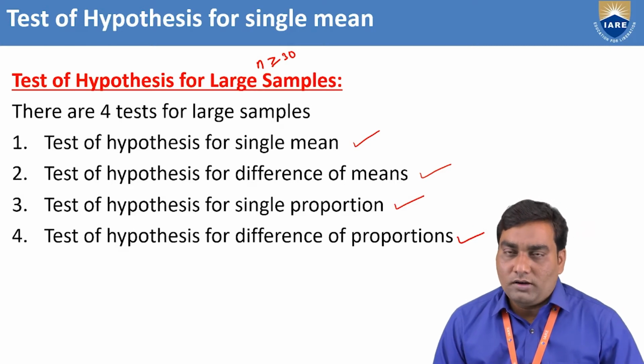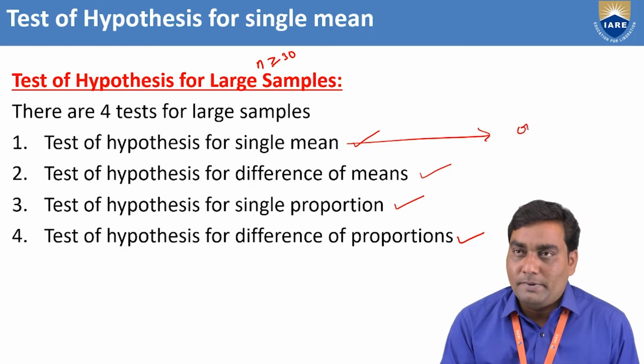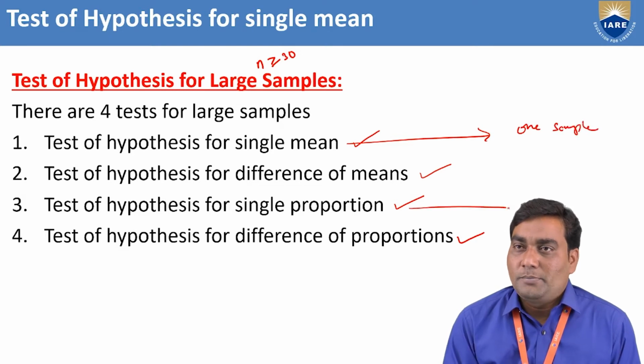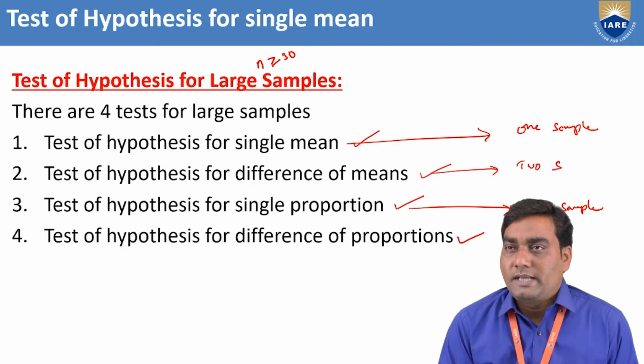I'll give you a small difference out of these 4. Single mean means here we have only one sample. Single proportion case also only one sample. Difference of means, 2 samples. And difference of proportions also 2 sample case.